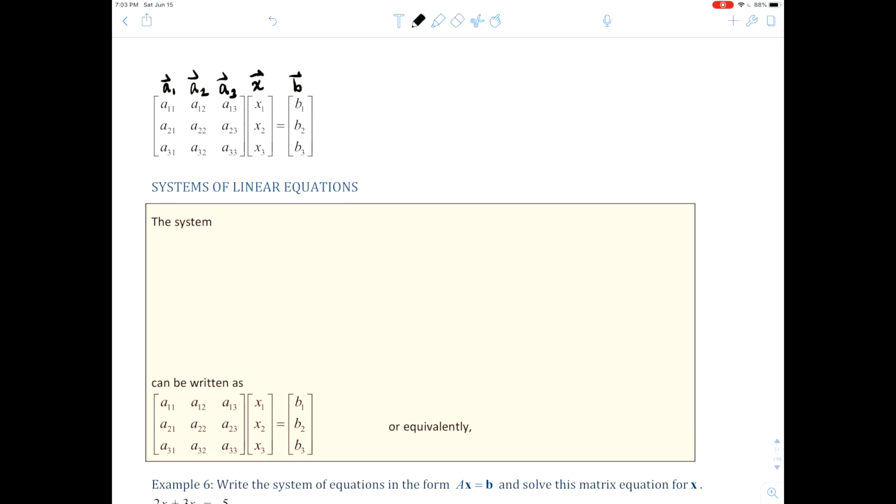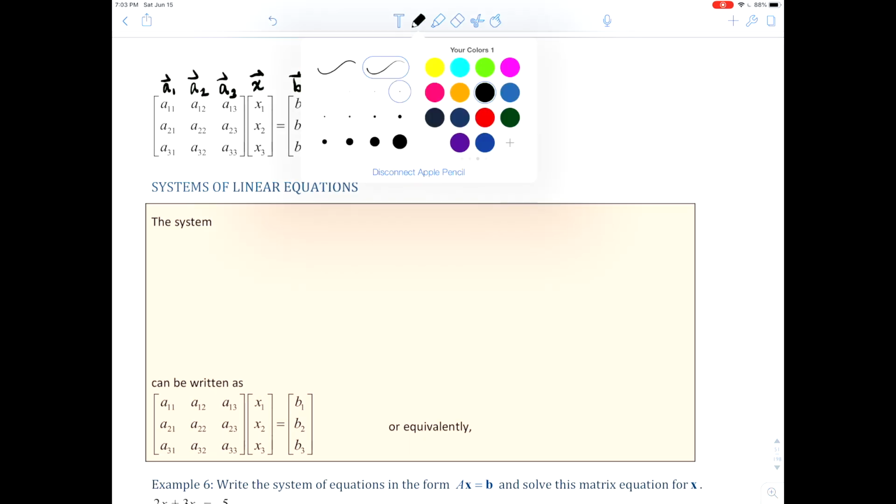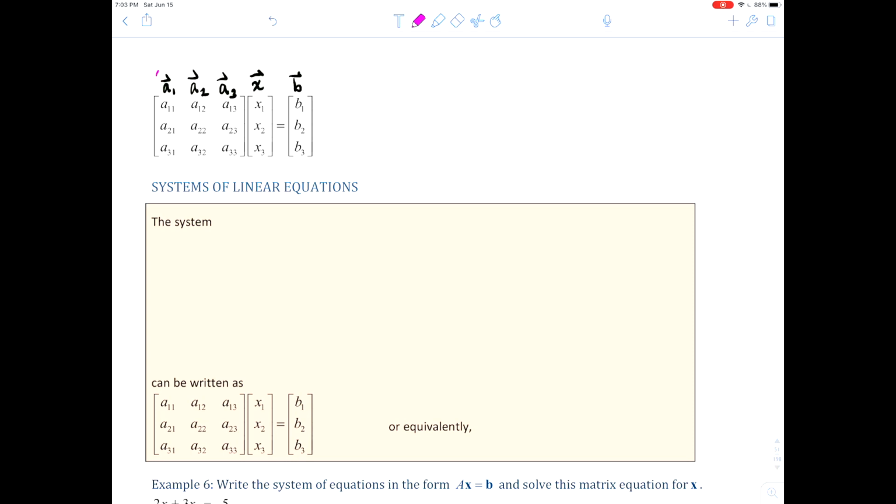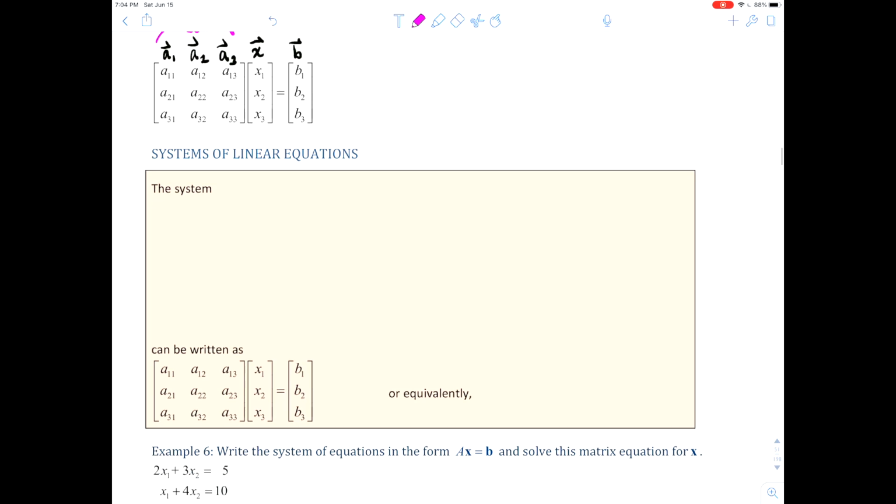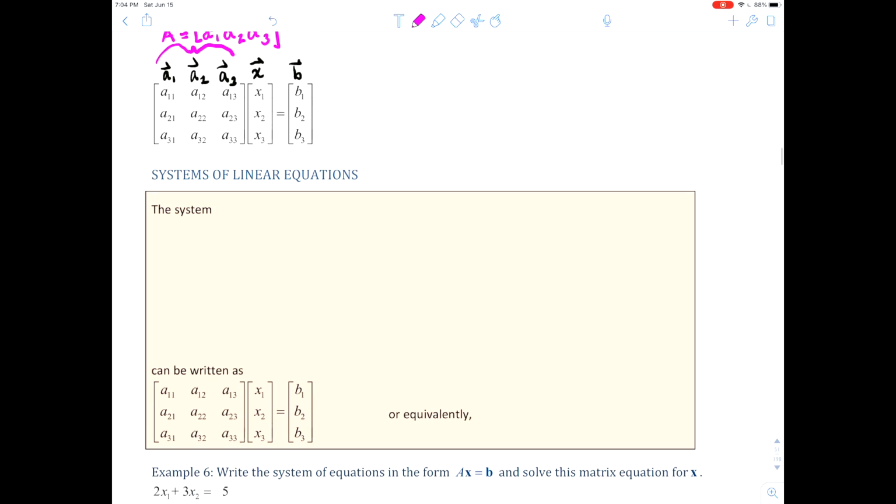All right. Now, A1, A2, and A3, when you adjoin them, the coefficient matrix A is equal to, in this case, these column matrices, A1, A2, and A3, which are adjoined. Groovy? Okay, well, let's check this out.